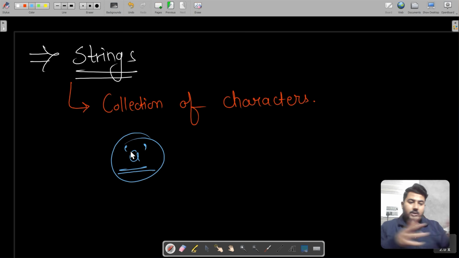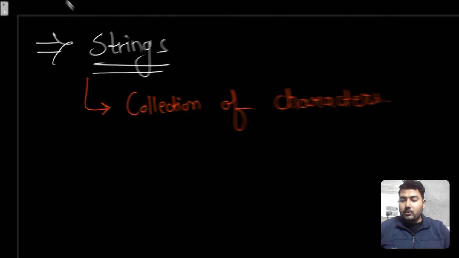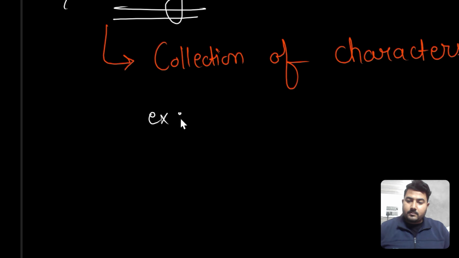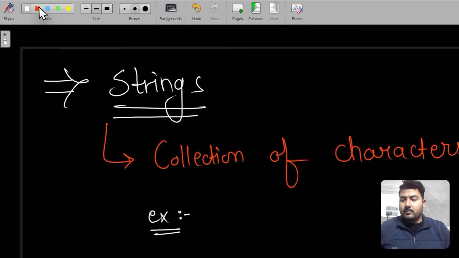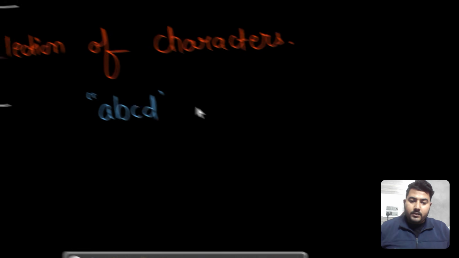When we have a collection of all the characters, then it will be considered as a string. For example, a string looks like this: A B C D surrounded with double quotes.